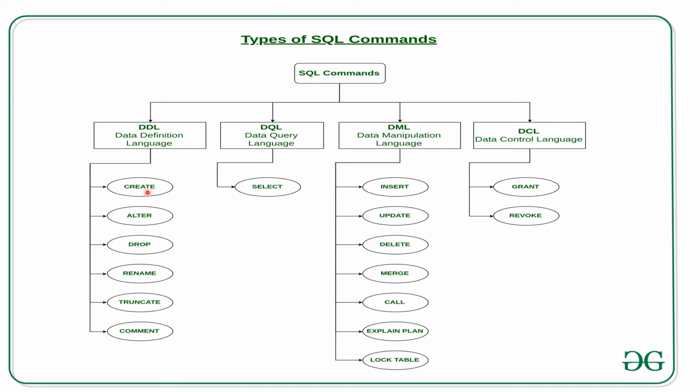Examples of DDL are create, alter, drop, rename, truncate, comment. Then example of DQL is select. Then examples of DML are insert, update, delete, merge, call, explain plan, lock table. Then data control language examples are grant and revoke.